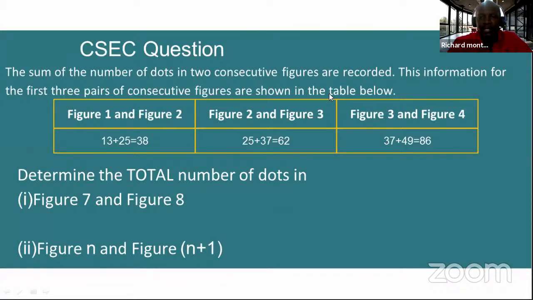Figures 3 and 4, which would give us 37 plus 49, which results in 86. The question states, determine the total number of dots in figures 7 and 8, and then figures n and n plus 1. All right, you may start now, my detectives.